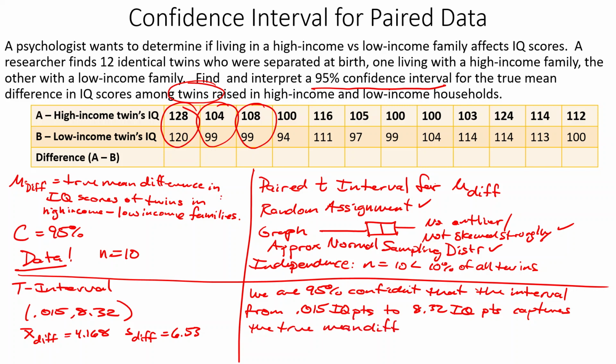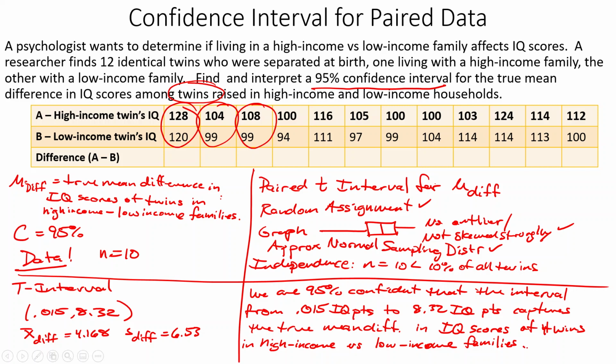Basically, I'm writing this again. In IQ scores of twins in high income versus low income, or we could say minus low income, that's fine, income families. Whew, that was long.